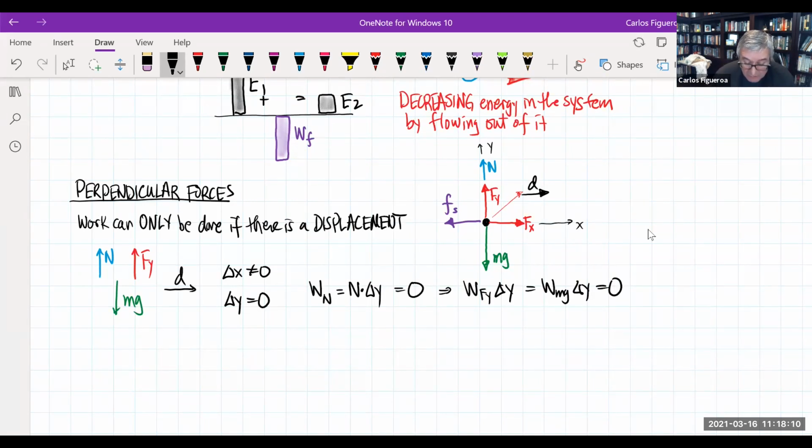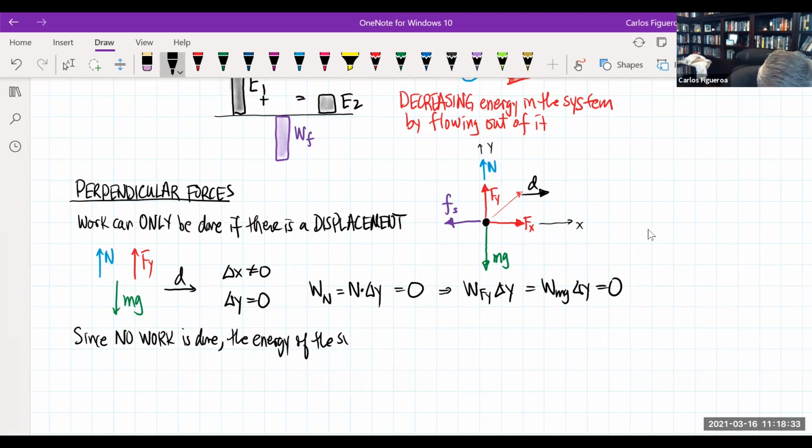So these works do not contribute to changing the energy of the system. So since no work is done, the energy of the system does not change.